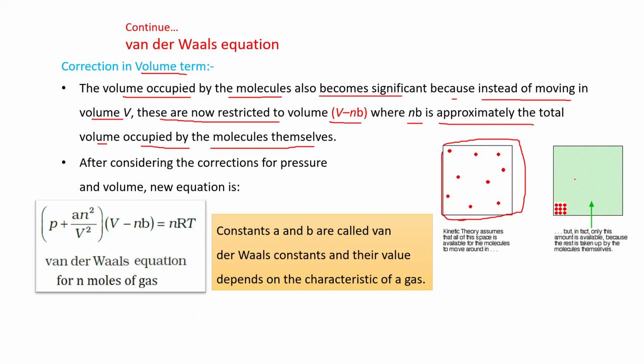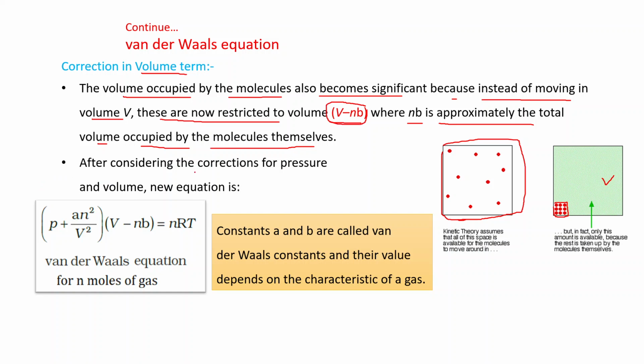But in practice, in fact, only this amount is available because the rest is taken up by the molecules themselves. This space, which is the actual volume of the gas molecules, is not available for the molecules to move around in.